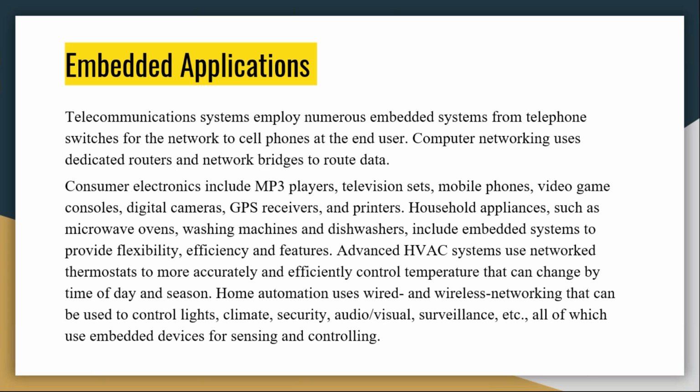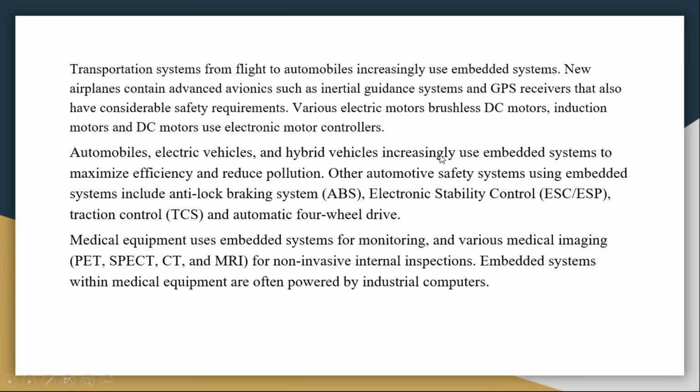Next is the transportation system. From flights to automobiles, increasingly use embedded systems. New airplanes contain advanced avionics systems such as inertial guidance systems and GPS receivers that have considerable safety requirements. In the new era, the plane has developed so much that it is highly accurate.